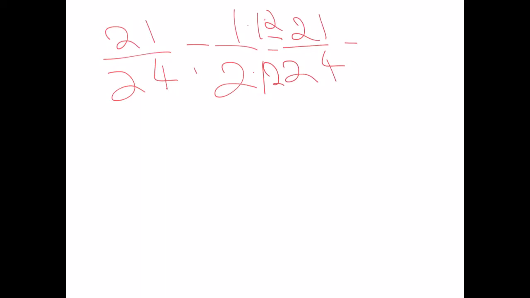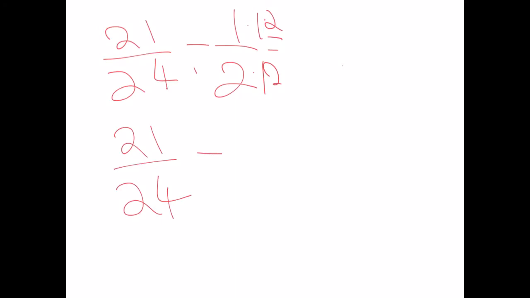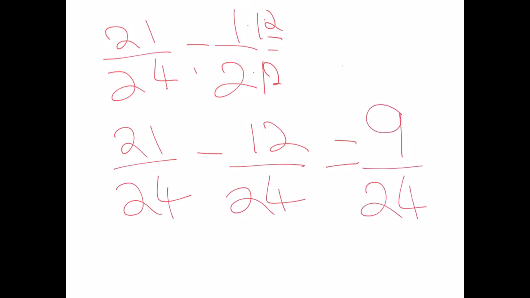So it's 21 over 24 minus 12 24ths, which is 9 24ths.